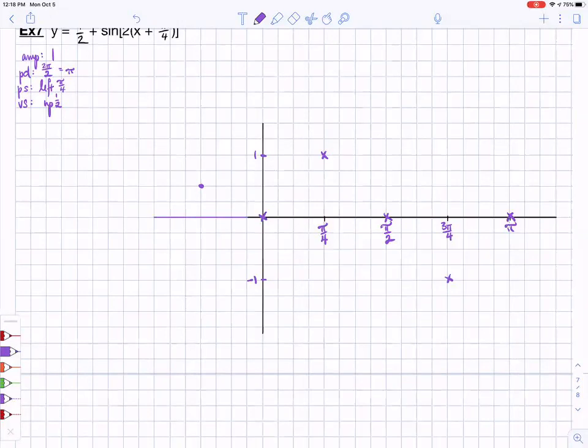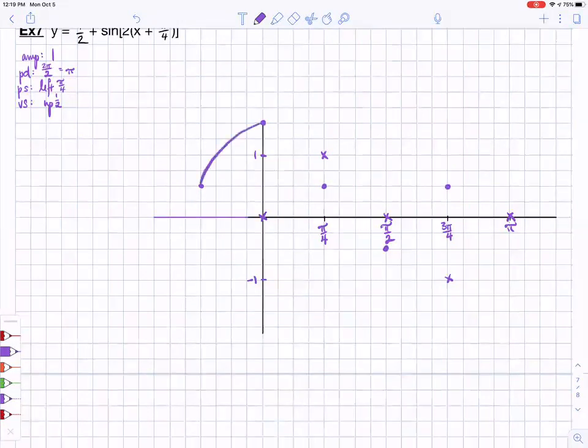Do the same thing for your maximum. Left 4 blocks, up 2 blocks. X-axis, left 4 blocks, up 2 blocks. Minimum, left 4, up 2. And then x-axis, left 4, up 2.